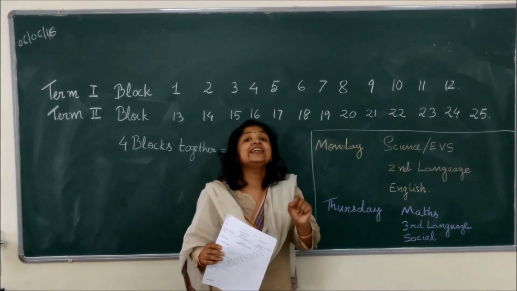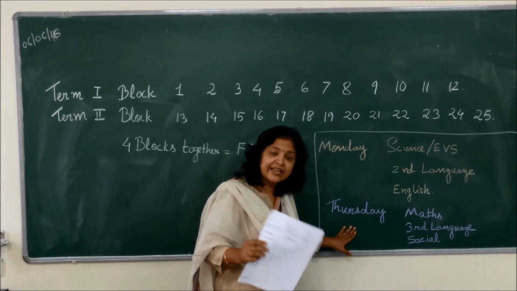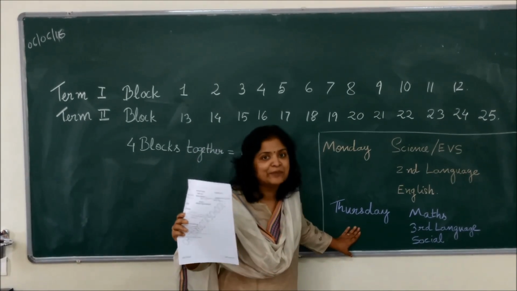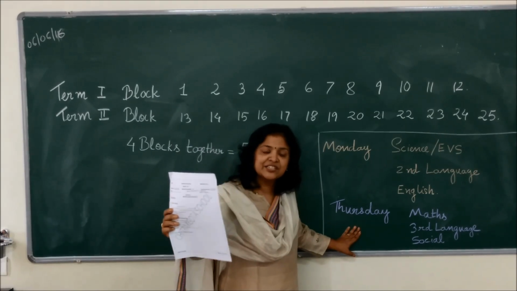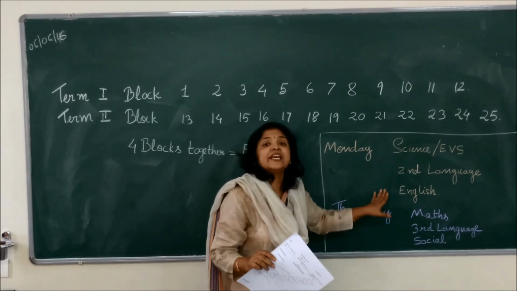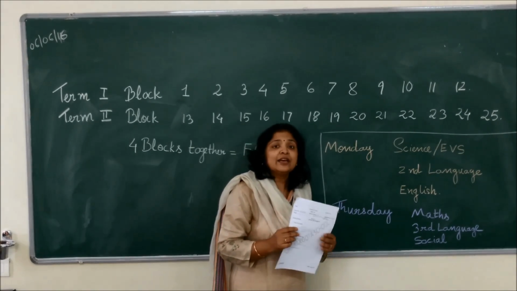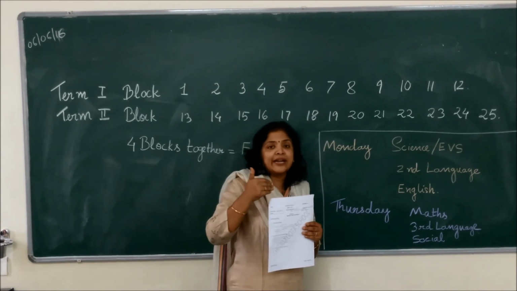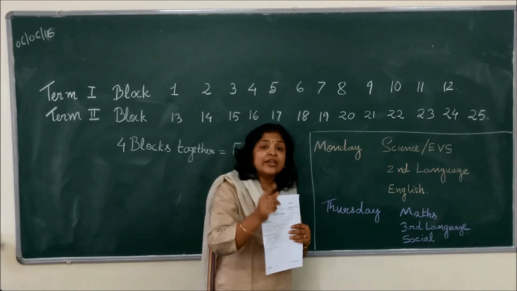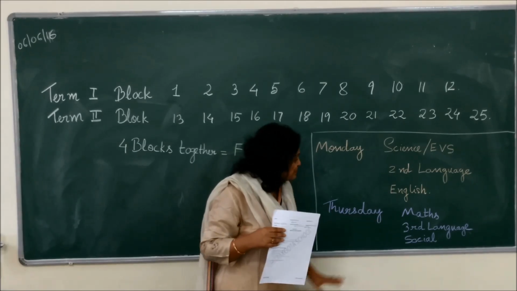The day the child comes to write the block assessment, Monday or Thursday, the child brings this revision sheet along with him. He submits the revision sheet to the teacher and writes the block assessment for that particular subject. The child takes the revision sheet the previous Monday and previous Thursday, bringing it back after 1 week on the day of the block assessments.